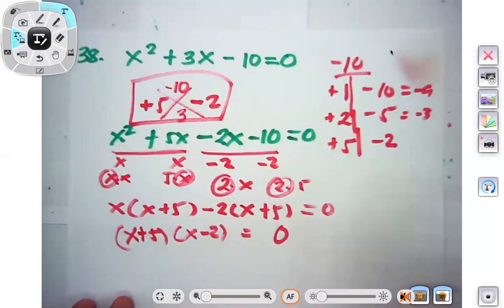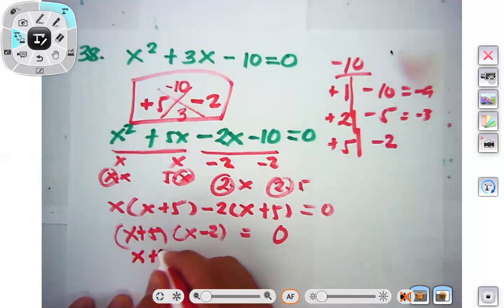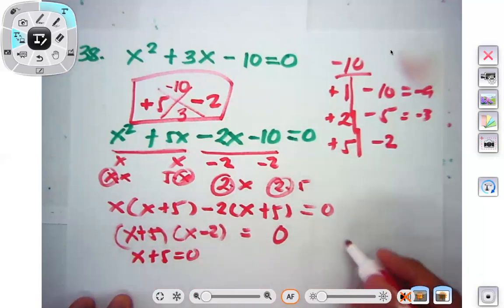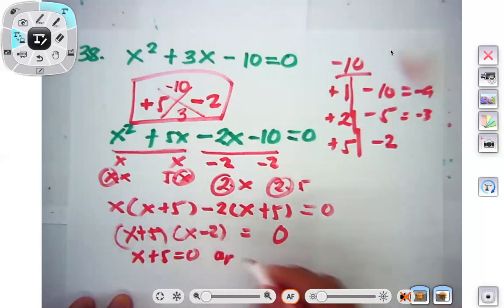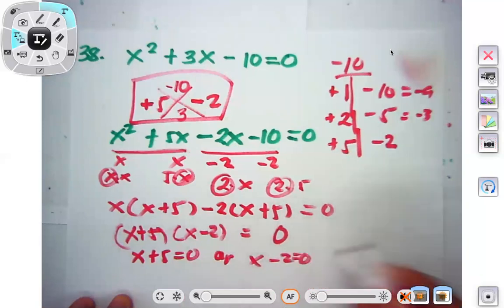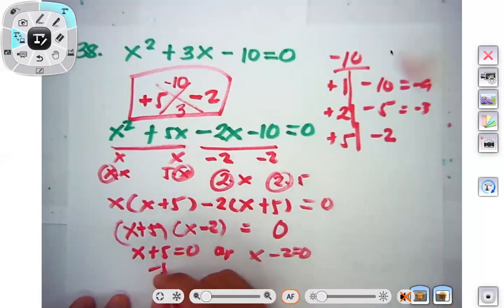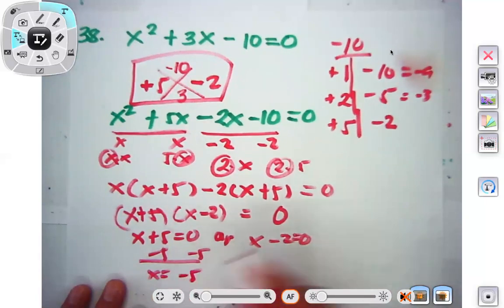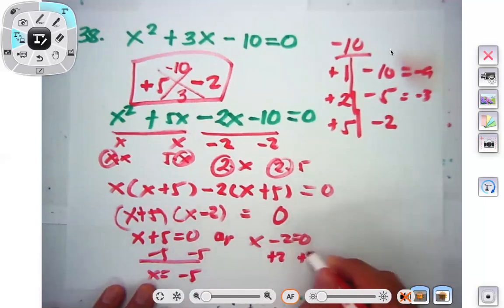Setting each factor to 0, you have x plus 5 equals 0, or x minus 2 equals 0. Minus 5, x is equal to negative 5. Plus 2, x is equal to 2.